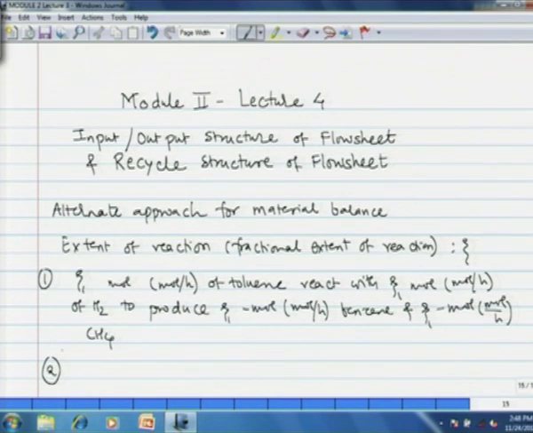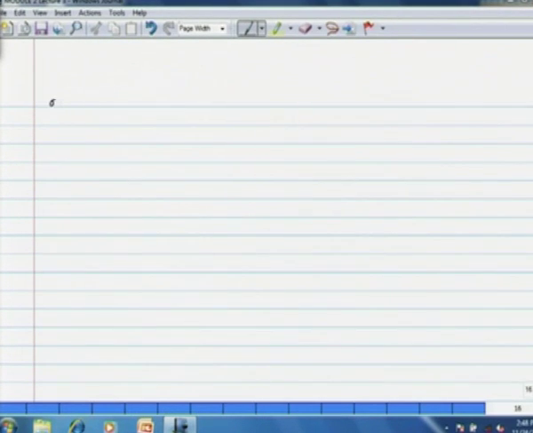In the second reaction, 2 zeta 2 mole or mole per hour of benzene react reversibly to produce zeta 2 mole of diphenyl and zeta 2 mole of hydrogen.